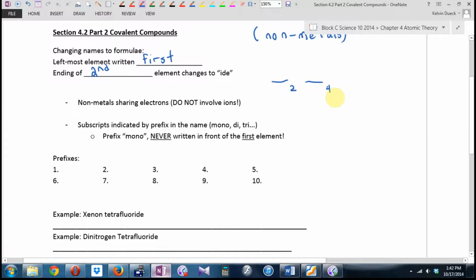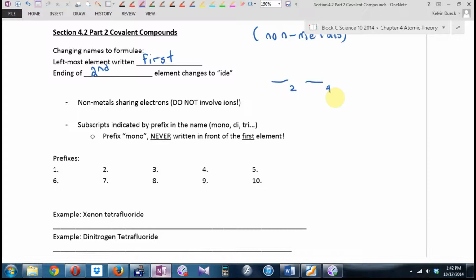And what are the prefixes? On the back of the periodic table that you have, you should have a little chart that has mono, di, tri. Find that chart so you know where it is.